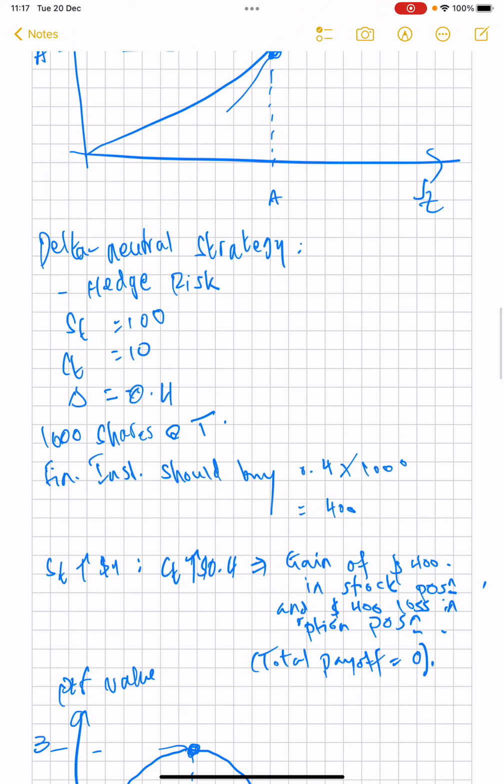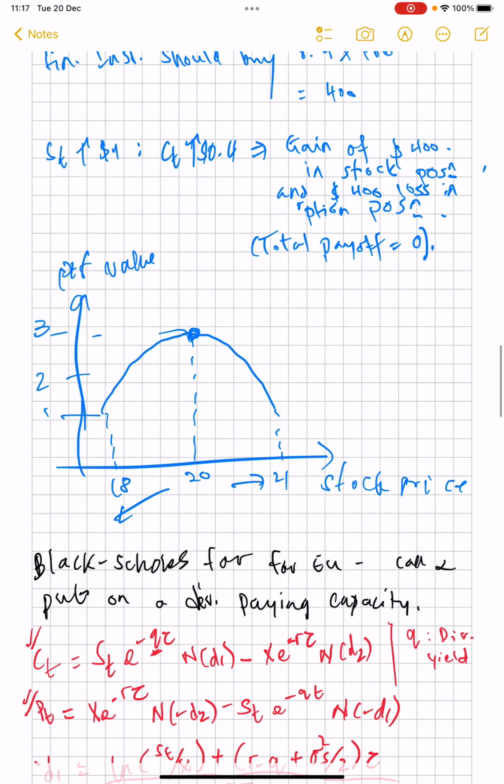Therefore, if ST increases by $1, the call price increases by $0.4. There is a gain of $400 in the stock position and a $400 loss in the option positions, such that the total payoff is zero.